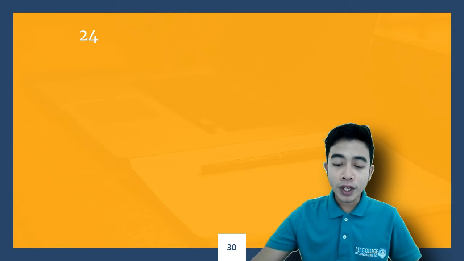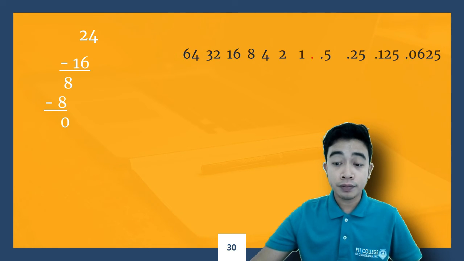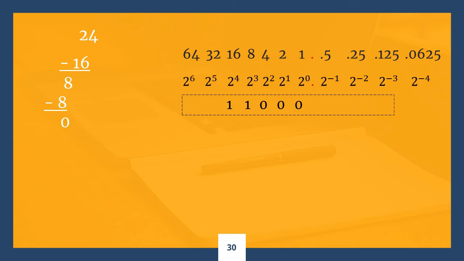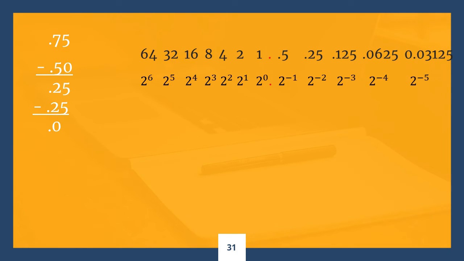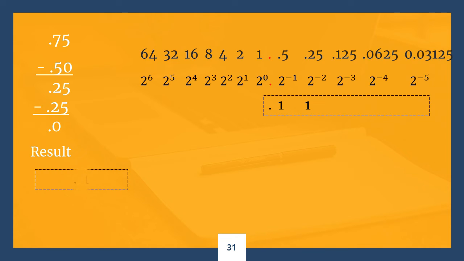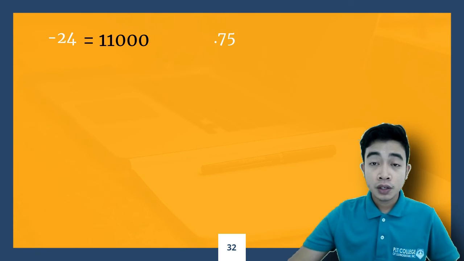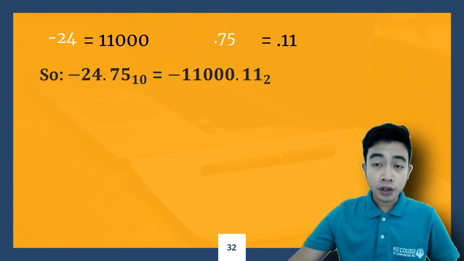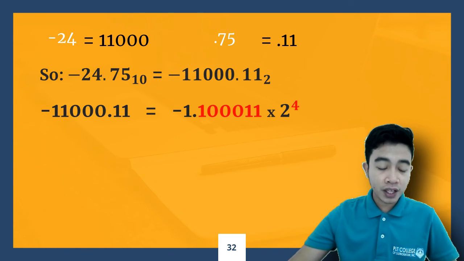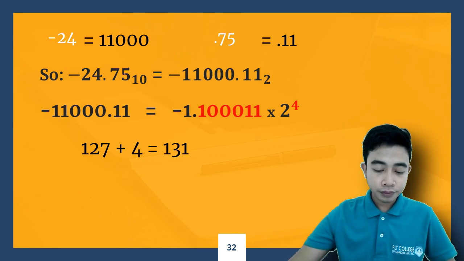First, we are going to compute the binary equivalent of the whole part and the fractional part. Next, we are going to normalize by moving the decimal point to the right of the leftmost one.